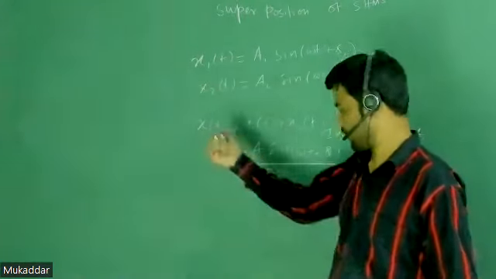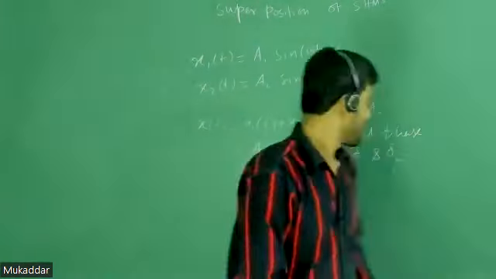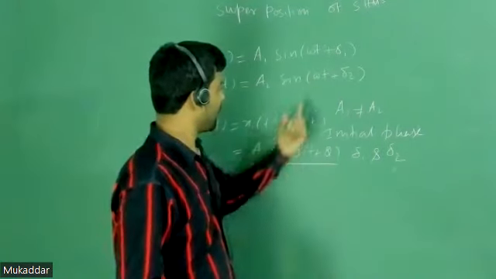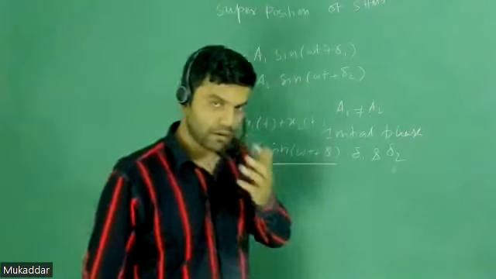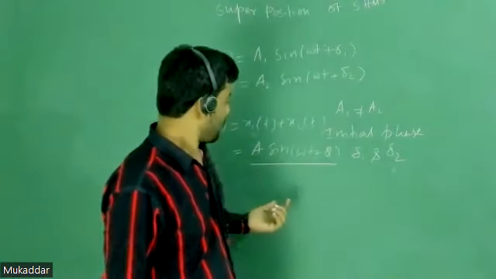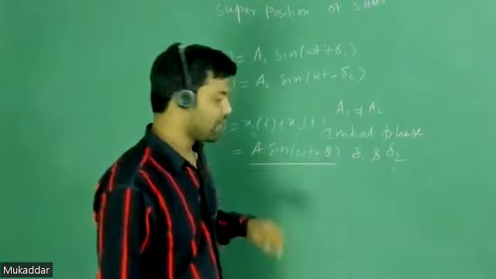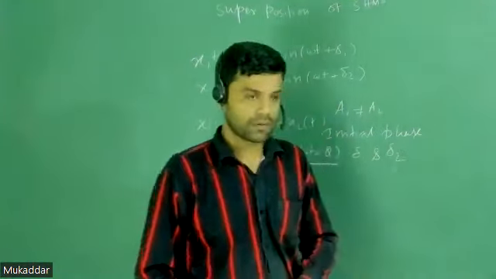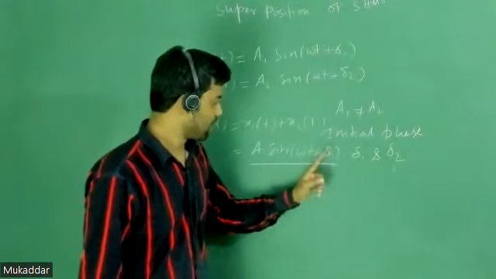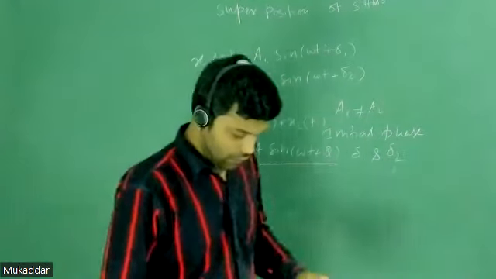You can see this again represents simple harmonic motion having the same frequency as the frequency of the individual oscillators. That resultant amplitude depends upon A1, A2 as well as delta 1, delta 2, and the same is true for theta also. So that we have seen.